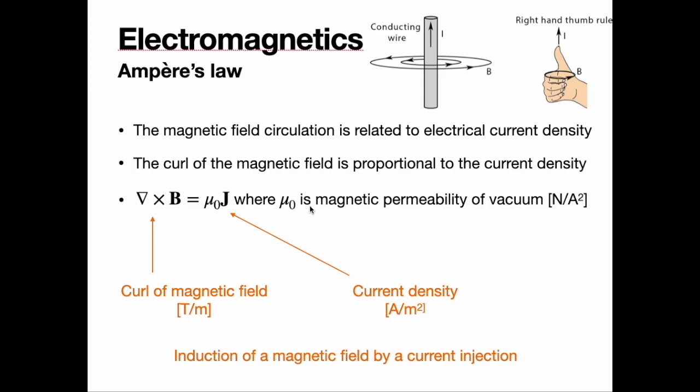Mu 0 is the magnetic permeability of vacuum. It's in Newton per ampere square. So now we have a relationship between the magnetic field and the current density. That basically means that when a current is being conducted in a wire, it induces a magnetic field around the direction of current transfer. So there is induction of a magnetic field by current injection.